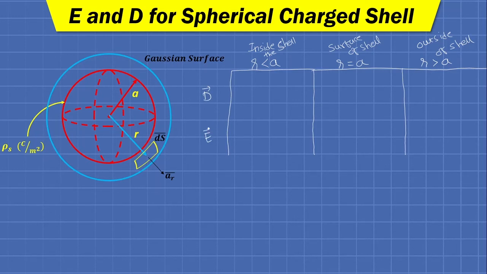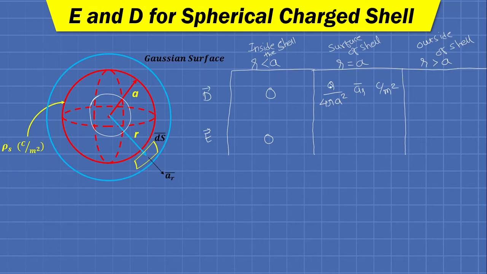So for the area inside the spherical shell, the value of D bar and E bar that we have got was 0, because for this region the charges enclosed are 0. For surface we have got Q upon 4 pi a square in the direction of r coulomb per meter square.